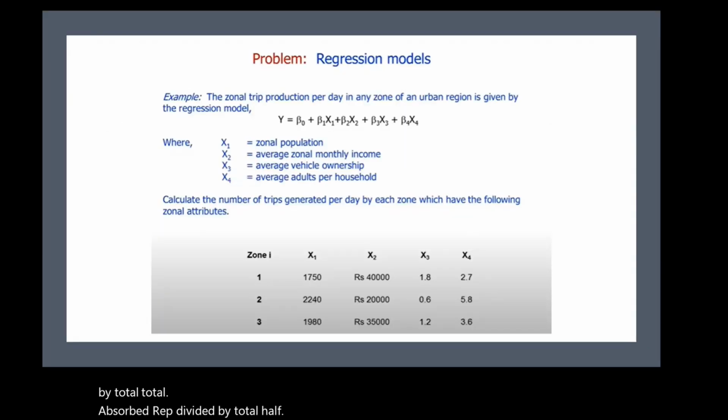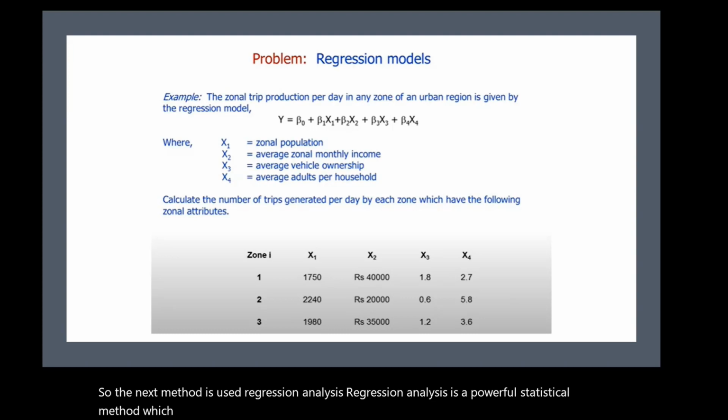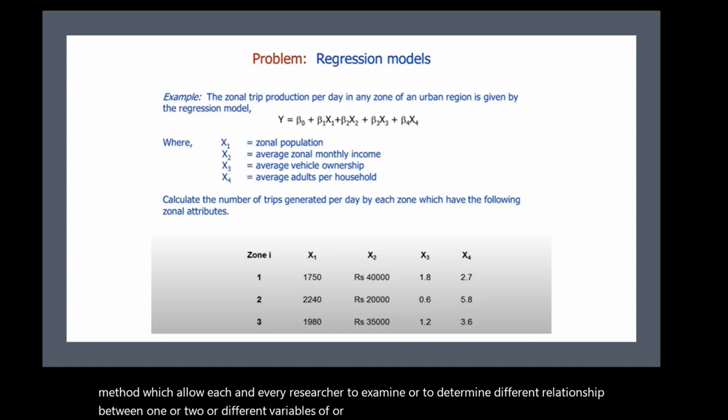So the next method is regression analysis. Regression analysis is a powerful statistical method which allows every researcher to examine and determine different relationships between one or two or different variables of our interest. So through that specific method, we would like to examine the influence of one or more independent or dependent variables.